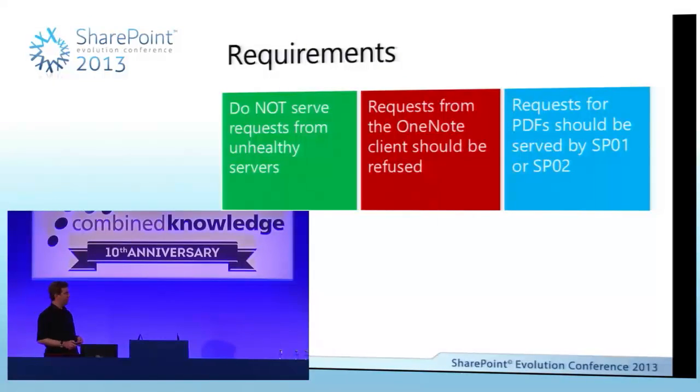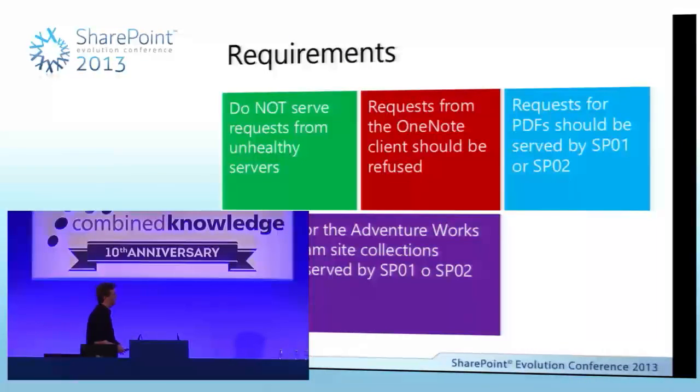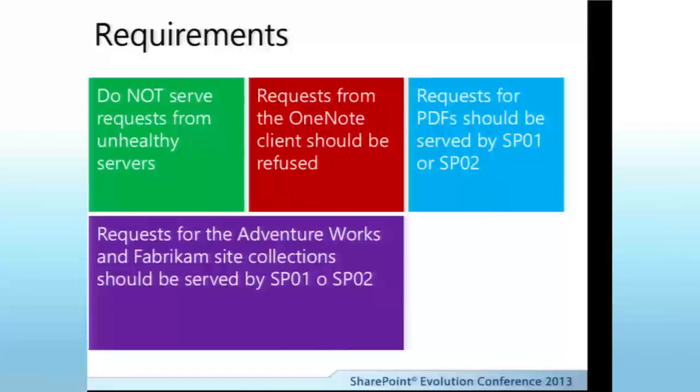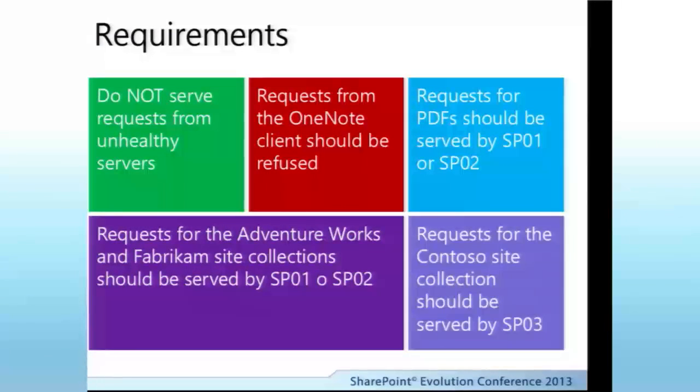Then requests for PDF files should be served by SPO1 and SPO2, regardless of which site collection they live in. Then for the AdventureWorks and Fabricam site collections, I want them to be served by the same 2 machines. But Contoso are special, so they have their own web server, okay?